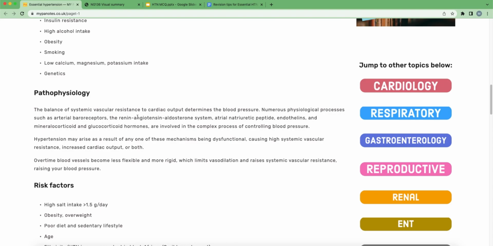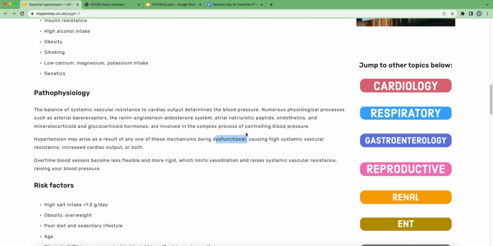The short version is there's a physiological balance between the arterial baroreceptors, the renin-angiotensin-aldosterone system, which involves your kidneys, and your atrial natriuretic peptide. Oh my God, these are crazy names. So basically, there's an imbalance in the normal physiology of how your body regulates your blood pressure. So there's a dysfunction.